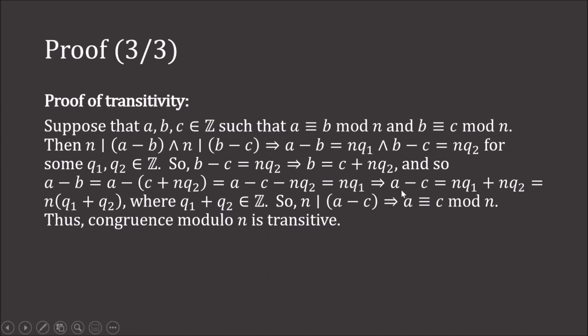So a minus c is nq1 plus nq2, which is equal to n times q1 plus q2. Now q1 plus q2 is an integer, and so this means that n divides a minus c, which means that a is congruent to c mod n, and hence it's also transitive.